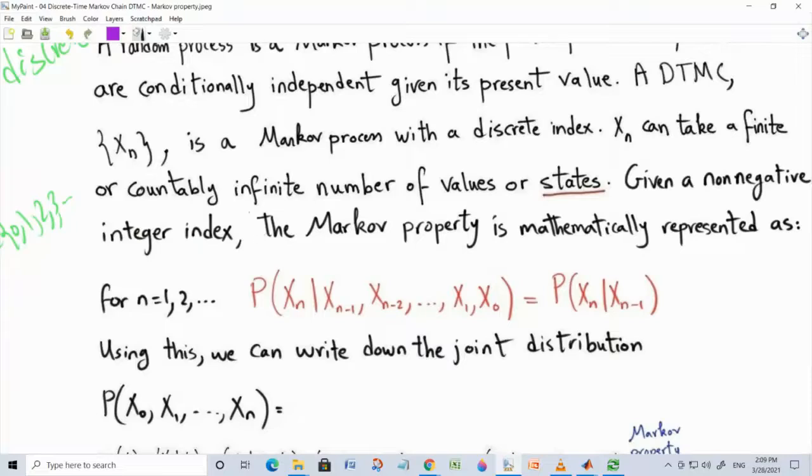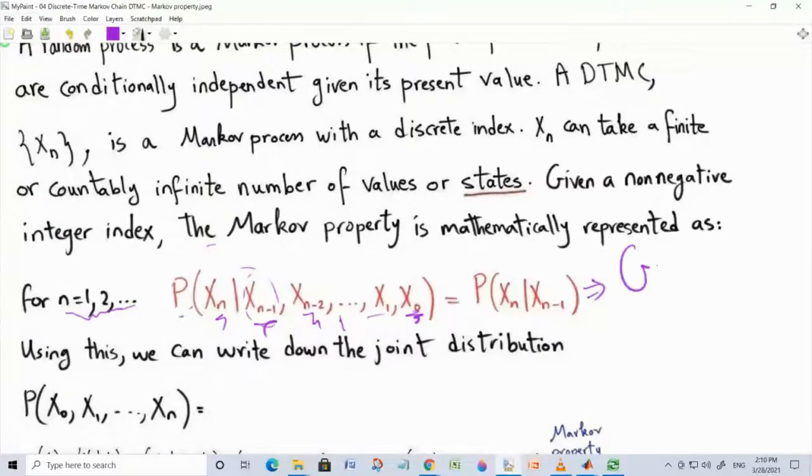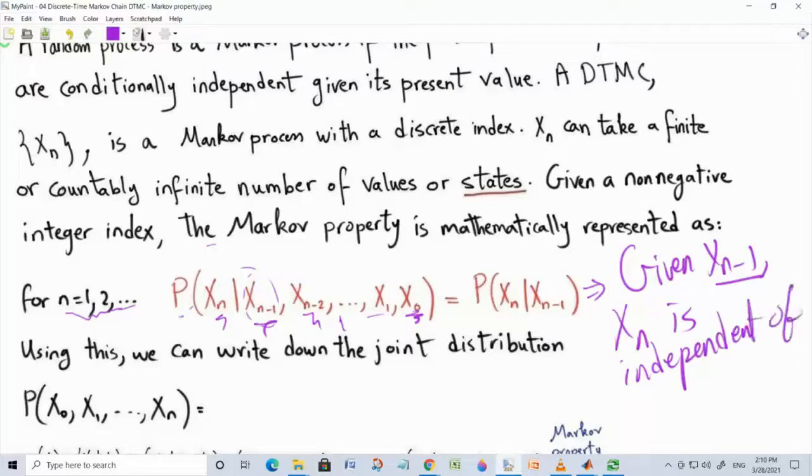Our random process has the Markov property if for every n equals 1, 2, and so on, the probability of X of n taking a certain value given X of n minus 1, X of n minus 2, X of n minus 3, up to X of 0, the indexing here starts from 0, is the probability of X of n given X of n minus 1 only. In words, this is not generally a true statement, but if we condition on X of n minus 1, X of n is independent of X of n minus 2, X of n minus 3, all the way to X of 0.